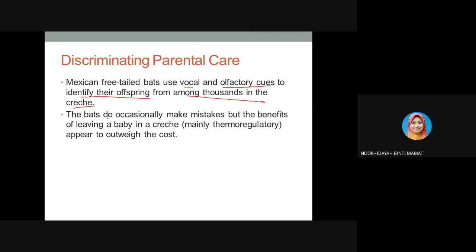The bats do occasionally make mistakes, because normally only 80% of the time the female feeds her own young, so in the other 20% they occasionally make mistakes. But the benefits of leaving a baby in a crèche, mainly for thermal regulation, appear to outweigh the cost, even though there is still a small chance that they can't feed their own offspring.